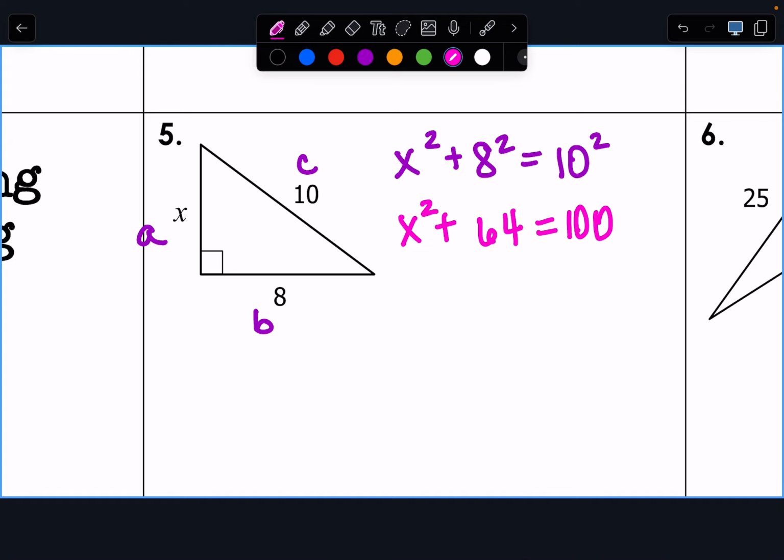So do I write 164? What is in between 64 and 100? There is an equal sign. And if I want x squared to be by itself, what do I need to do with 64? We need to subtract 64.